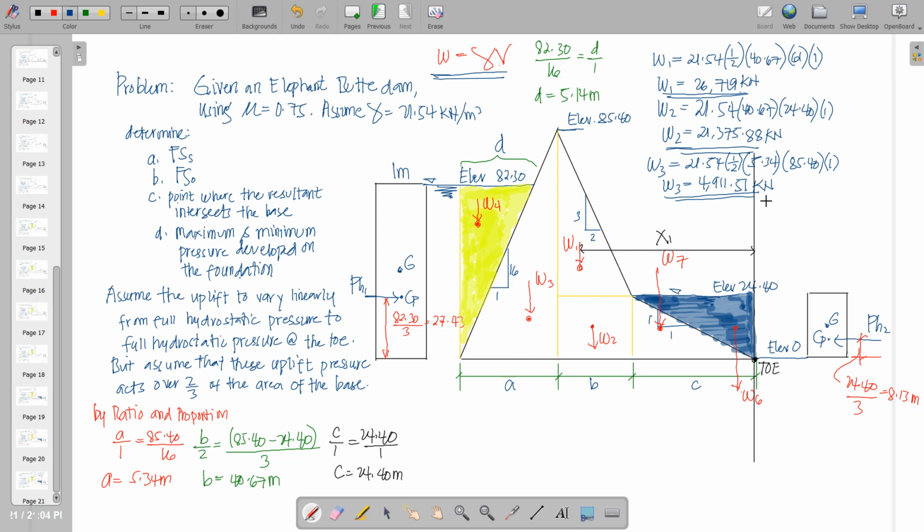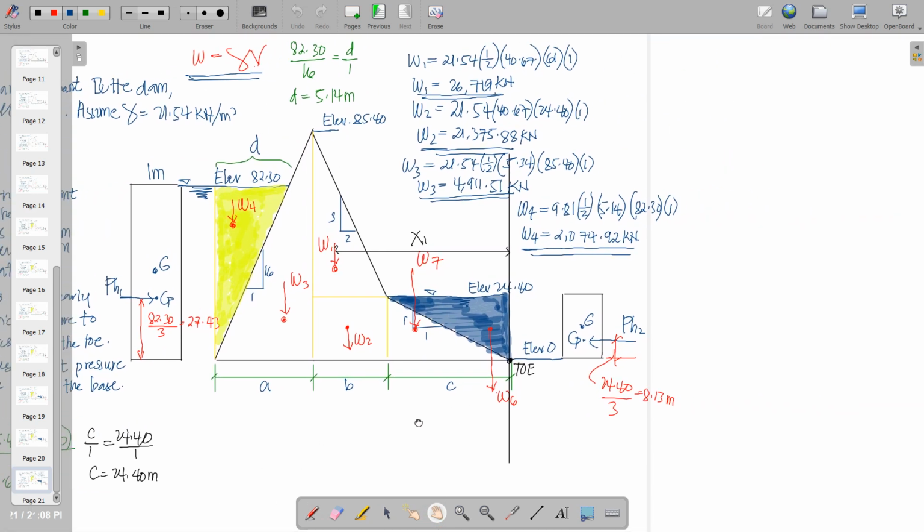Next, for W4, we have gamma of 9.81 times 1/2 times the base D, 5.14 meters, and then 82.3 times 1. So here we have 2,074.92 kilonewtons.